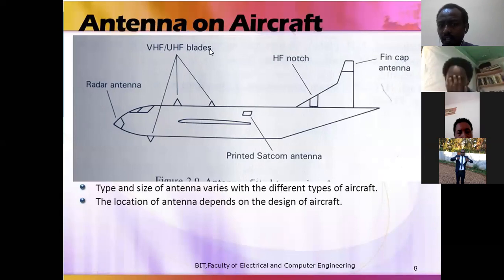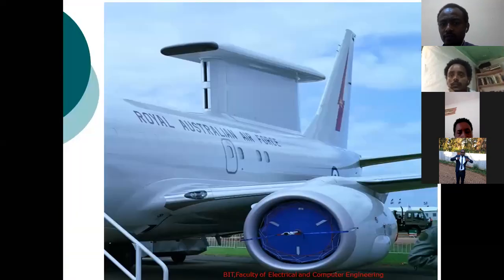So this aircraft is equipped with many antennas for different applications. Here, as you can see, we have a waveguide-like structure.